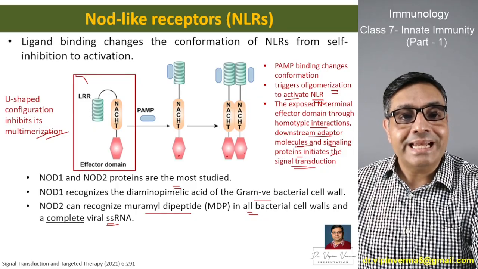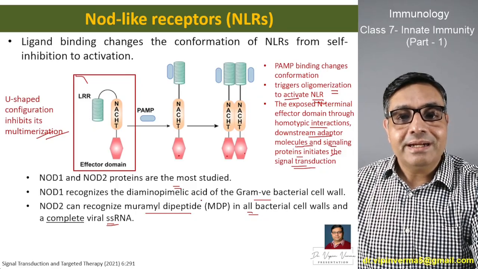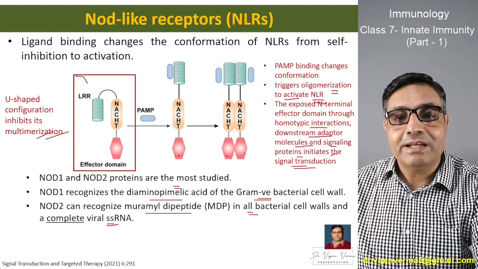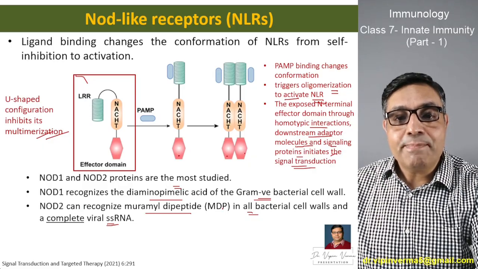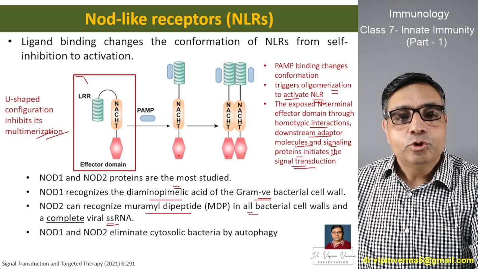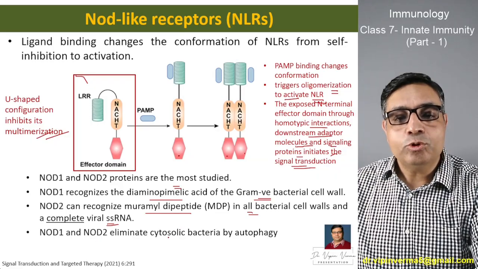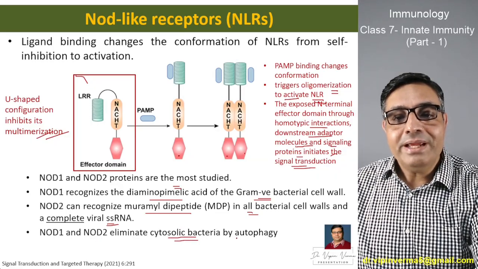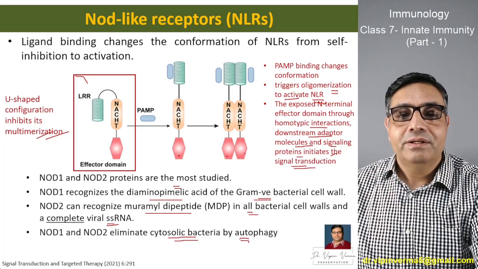NOD1 can recognize this particular component in the gram negative bacterial cell wall, while NOD2 can recognize muramyl dipeptide in all bacterial cell walls and a complete viral single stranded RNA. So NOD1 and NOD2 eliminate cytosolic bacteria by autophagy as well, right?